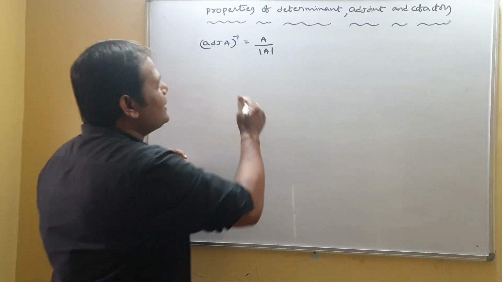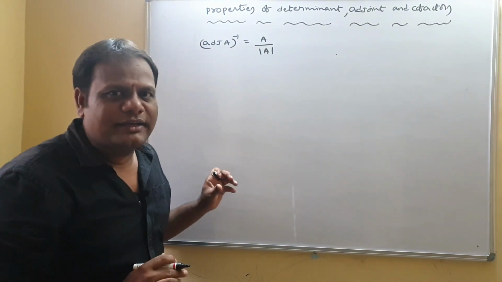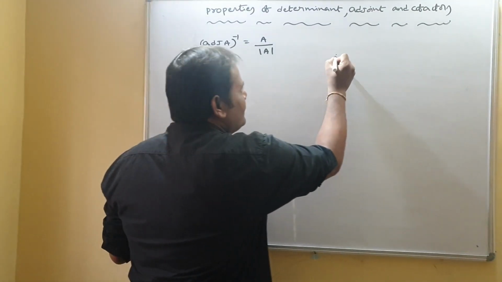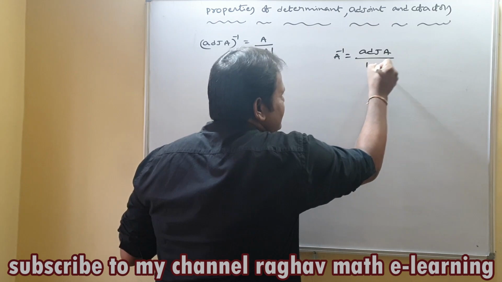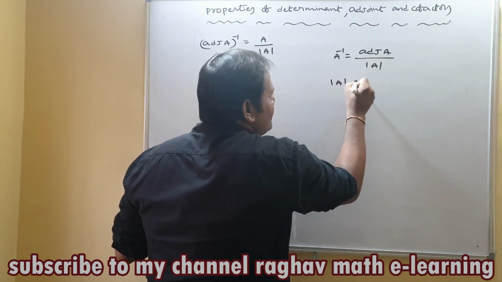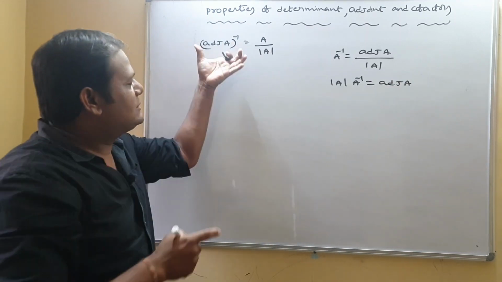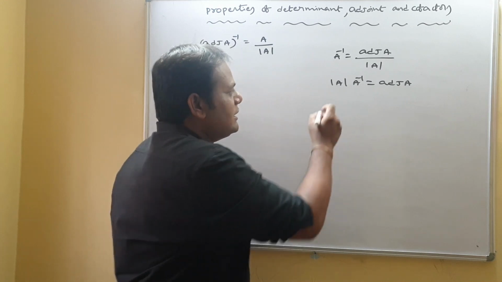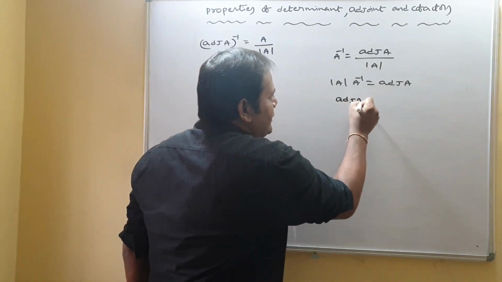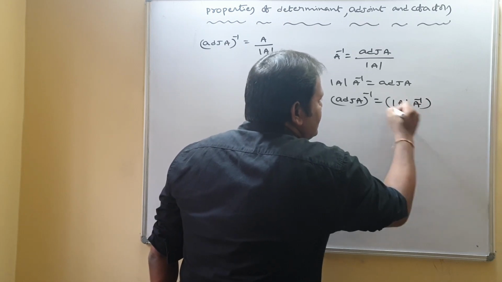Here you see adjoint A. In what formula do we get adjoint A? The A inverse formula. We write A inverse equal to adjoint A by det A. Now det A into A inverse equals adjoint A. What is asked is adjoint A whole inverse, so take inverse on both sides. Then adjoint A whole inverse equals det A into A inverse, whole inverse.